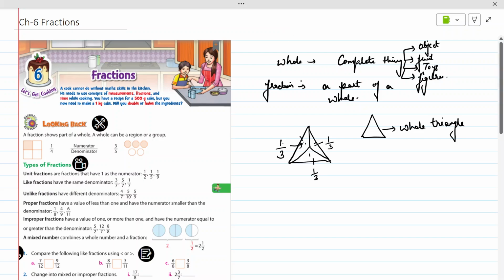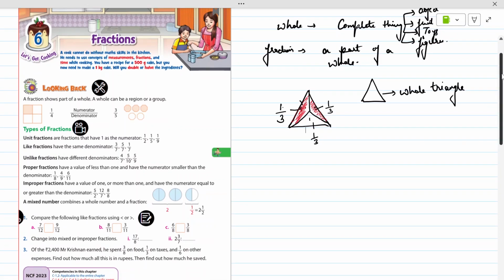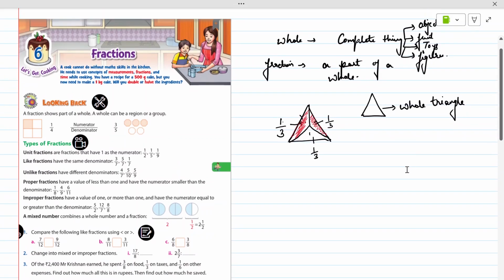Now let me color this part in red. I'm shading this part in red, and I'm also shading this part in red. And now if I ask you kids how much part of this whole triangle is shaded in red, or what fraction of the triangle is shaded.